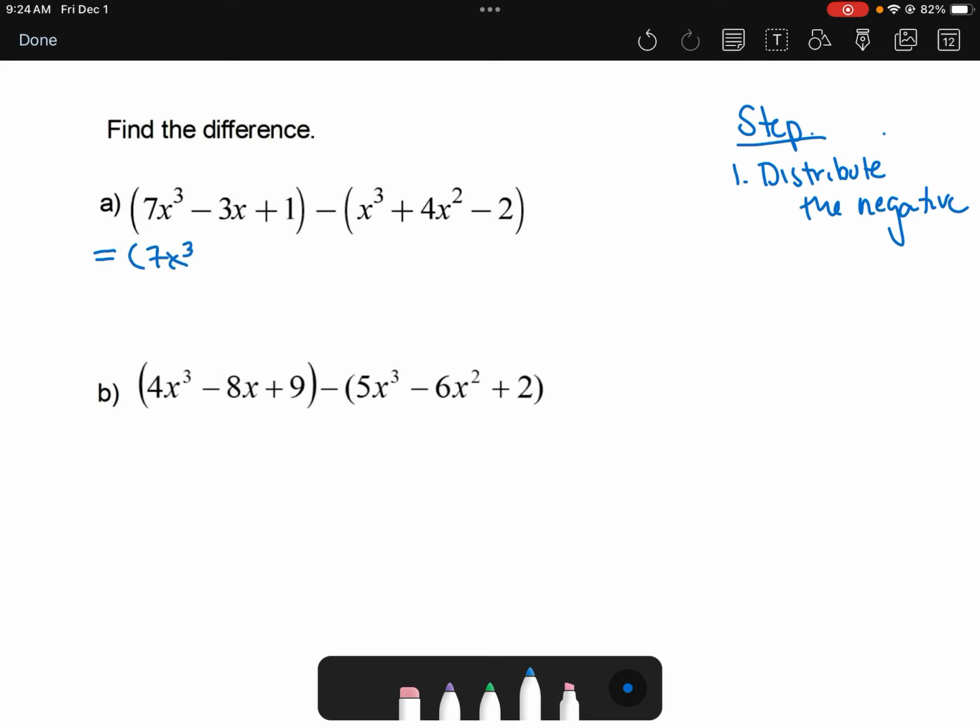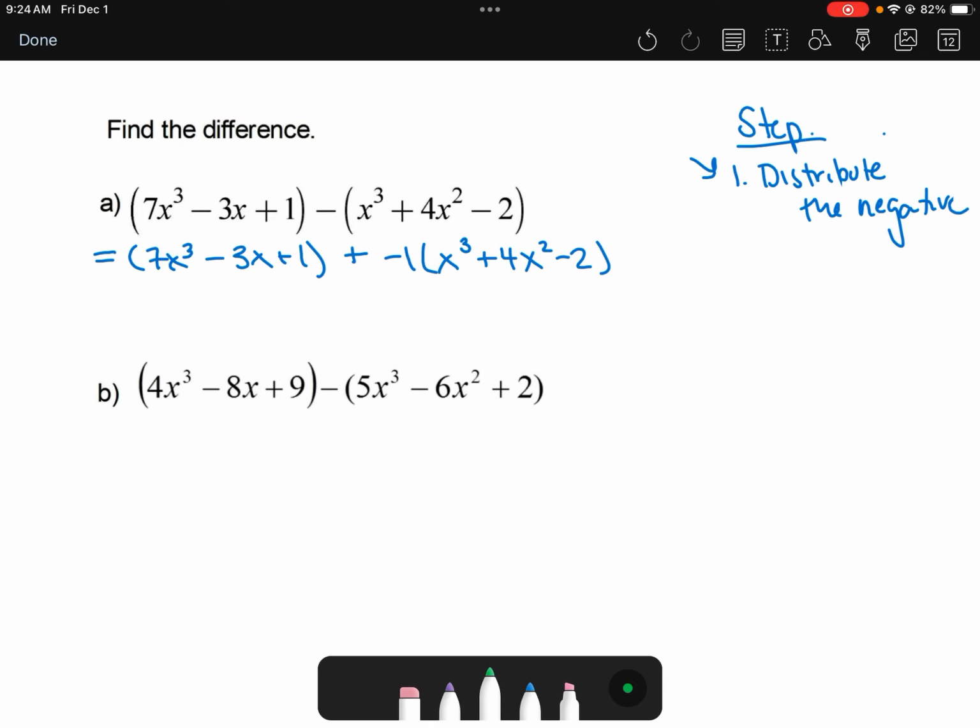So 7x cubed minus 3x plus 1. Now I'm going to change subtraction to addition, and then put that negative 1 in front, because that's what that is implying. That's why I say step 1 is to distribute that negative, because again, subtraction is just adding that opposite.